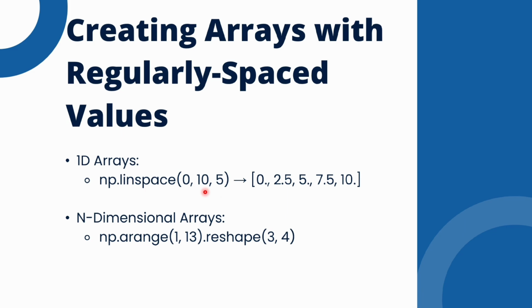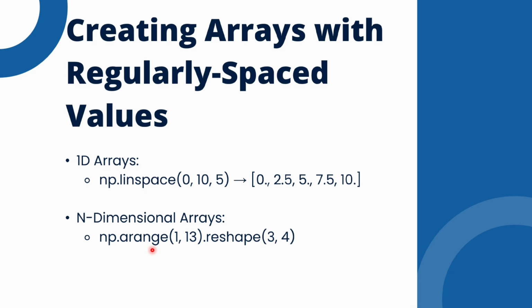The key difference here is that the linspace method is used when you know how many values you want in total, whereas the arange method is for when you specify the step size. np.arange generates values within a given range with a specific step size.